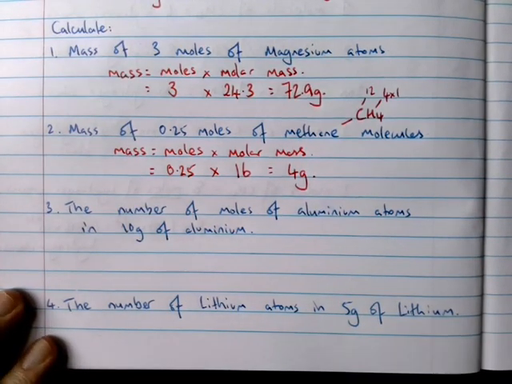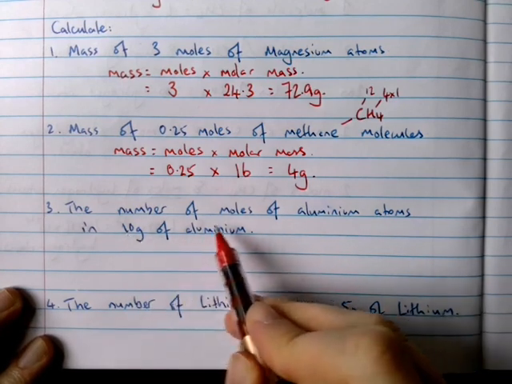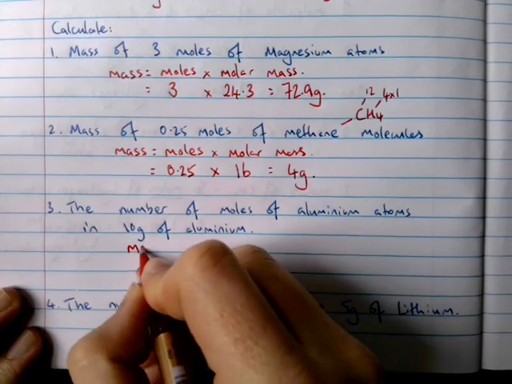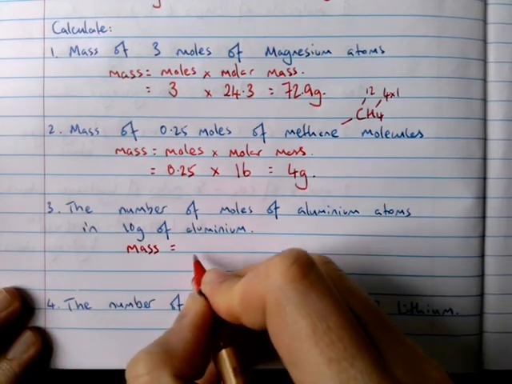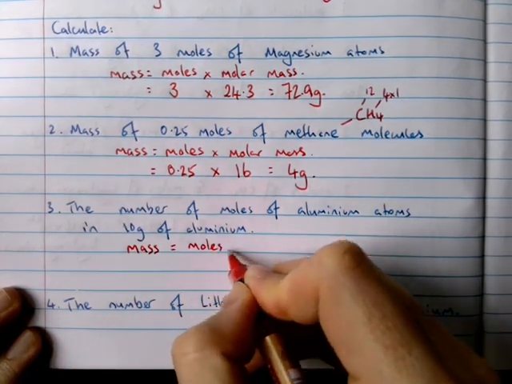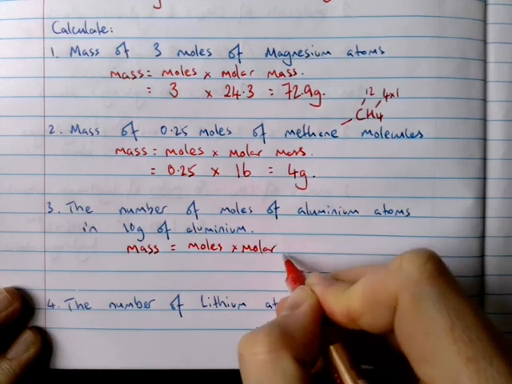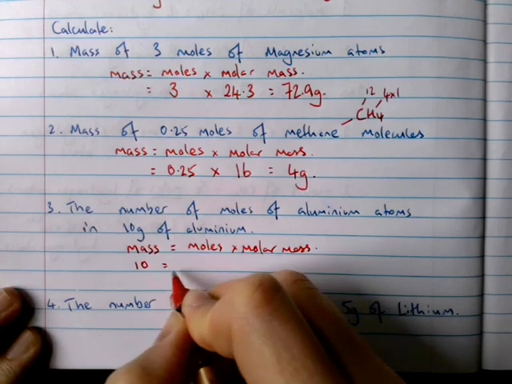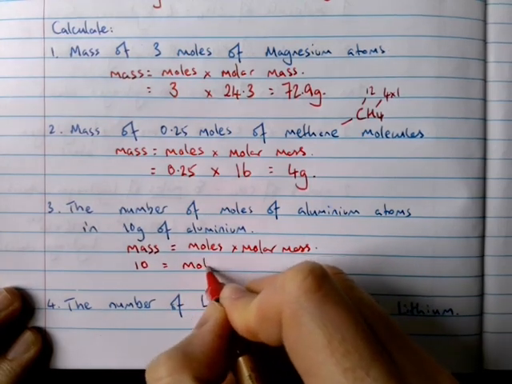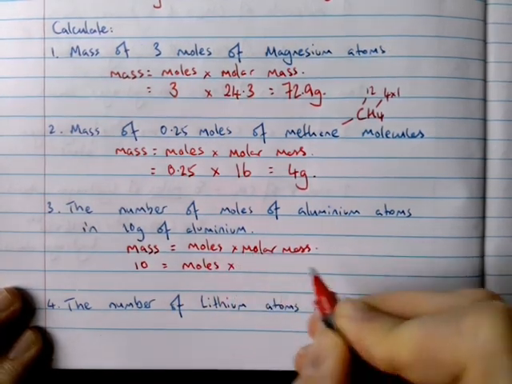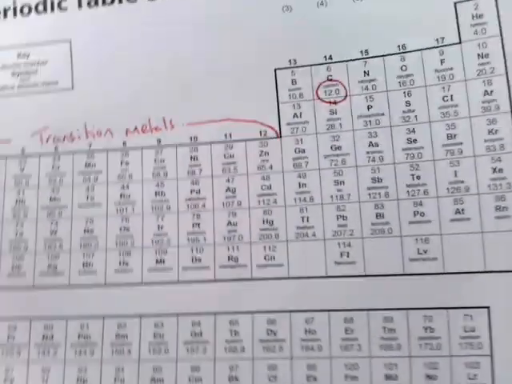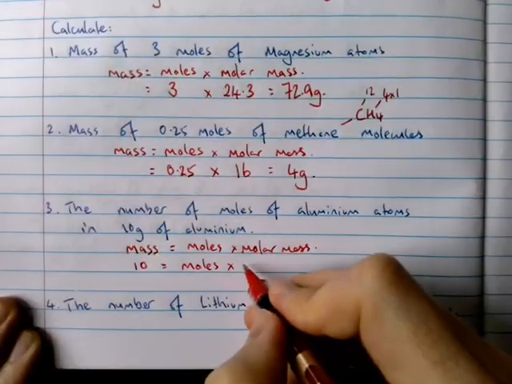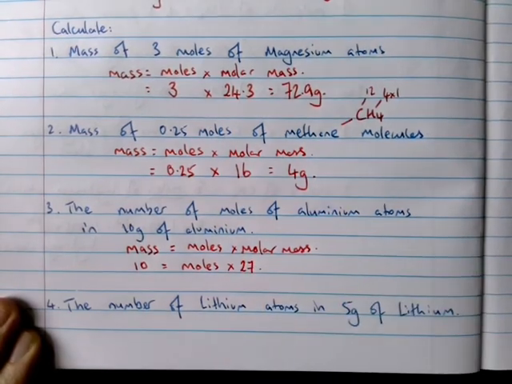All right, so now we're doing it the other way. So I'm giving you the mass and I want to work out the number of moles. Okay, so let's do mass equals moles times molar mass. Well, I know the mass is 10 and I want to know the number of moles and I need to know aluminium. Aluminium on my periodic table is here, 27. Times 27.